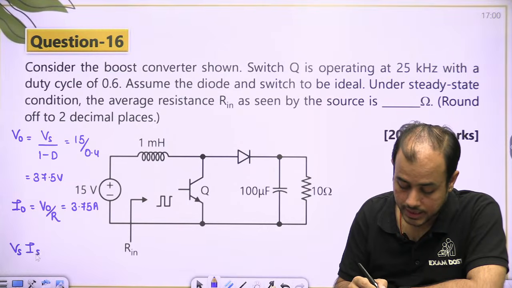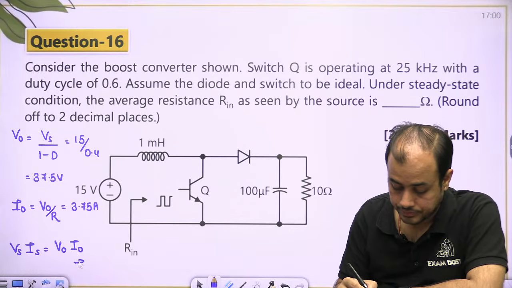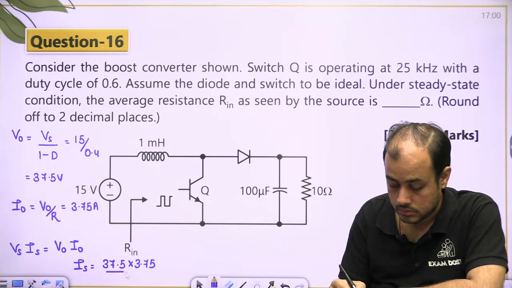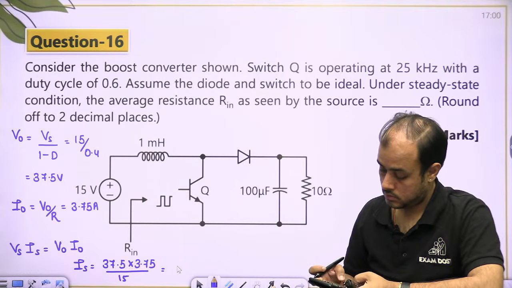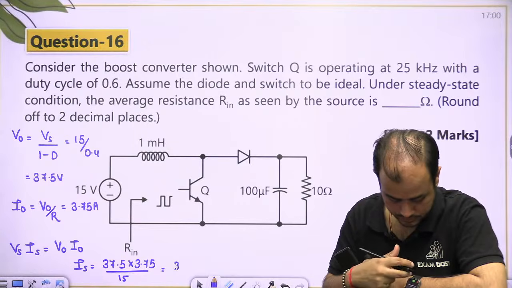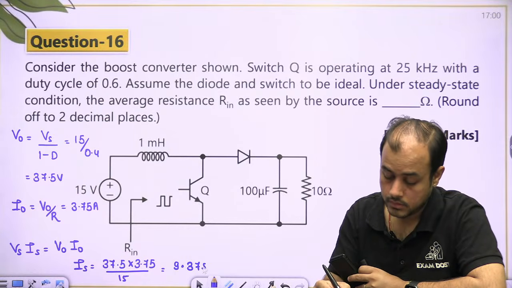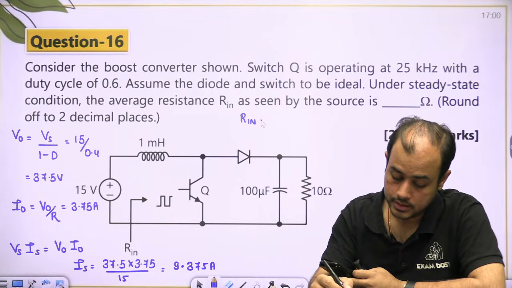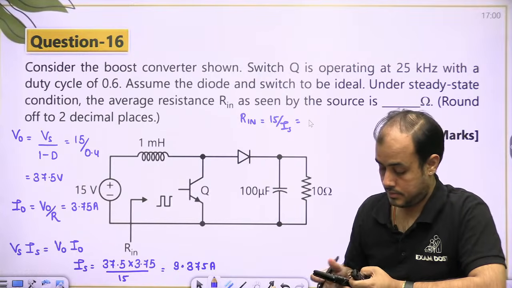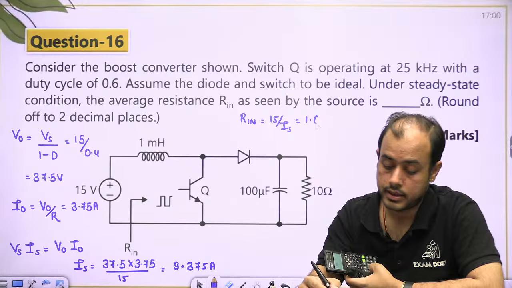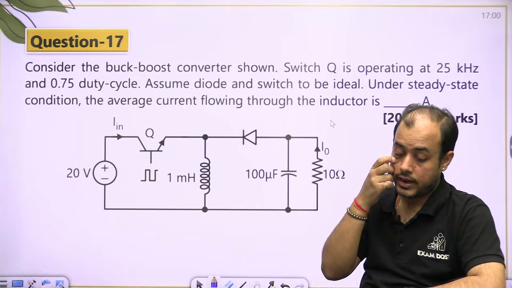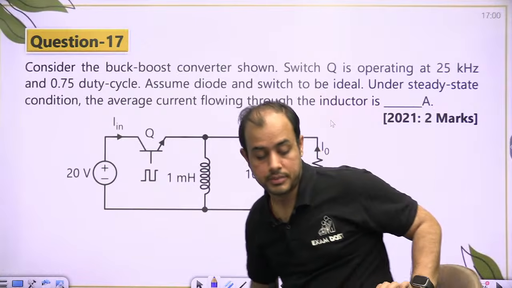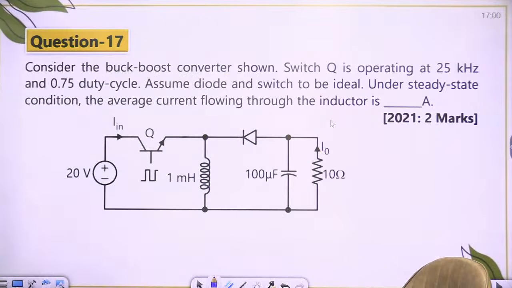Now beta, to find the supply current, 9.375. So resistance will be 15 upon Is, 1.6 ohm. Very good, 1.6 ohm. Kuldeep bhai, there was a decimal mistake. Find the average current of the inductor. Come on, very straightforward question. Find average inductor current.